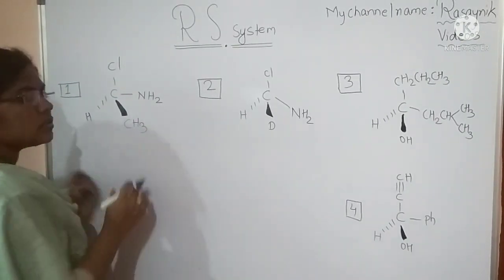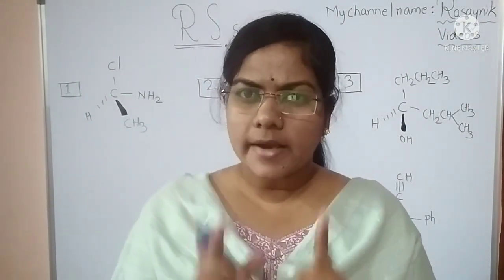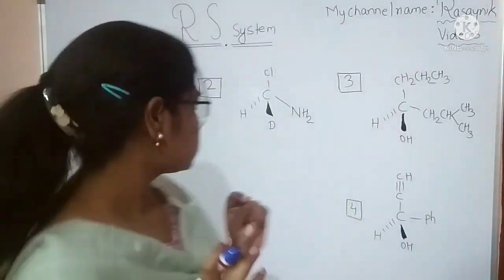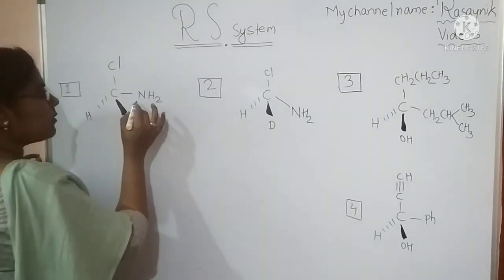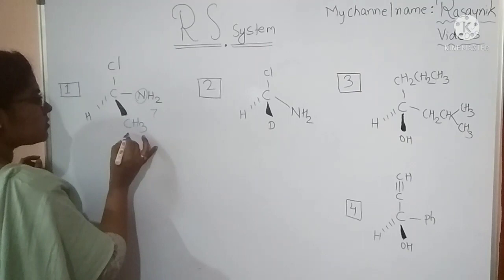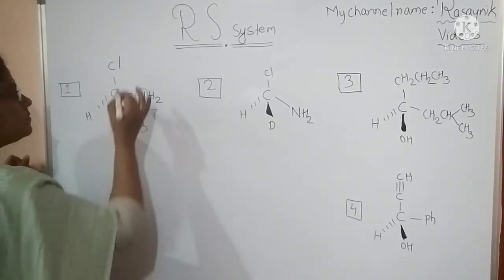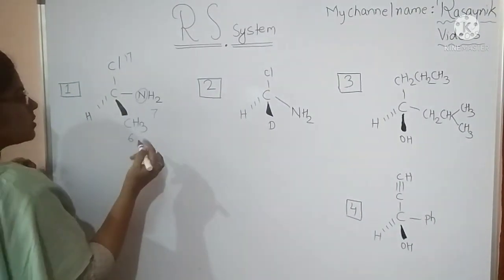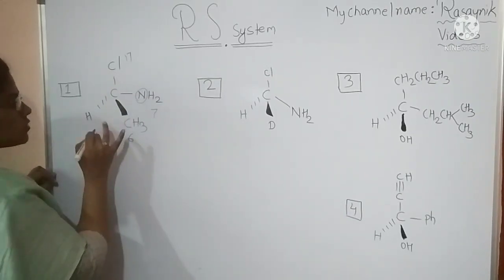Now the first rule: give the highest priority to the highest atomic number. Which is the highest atomic number? The atomic number of nitrogen is 7, carbon is 6, and chlorine is 17.